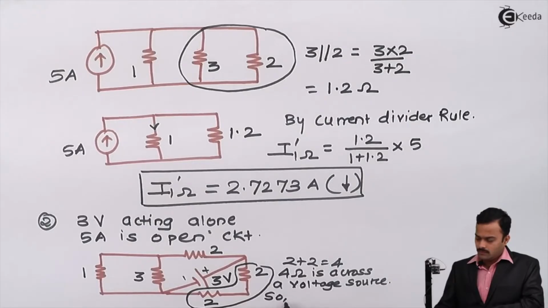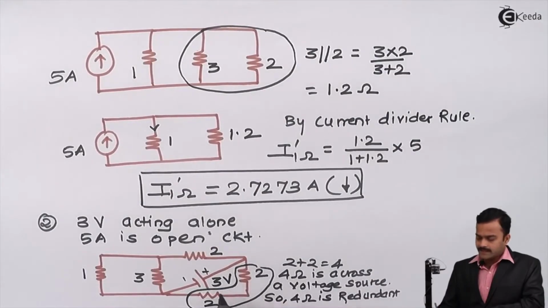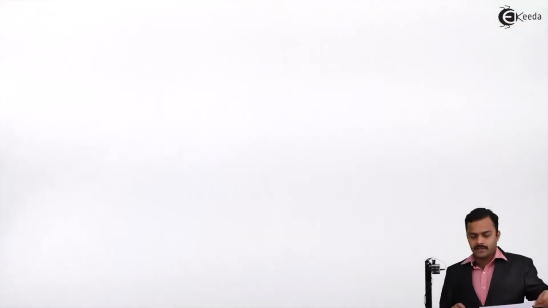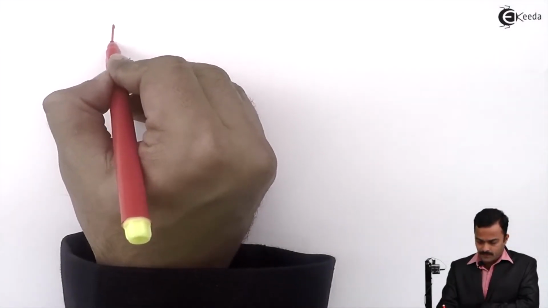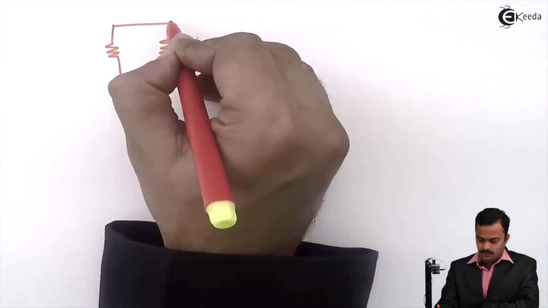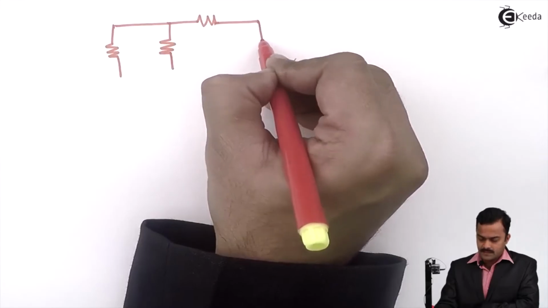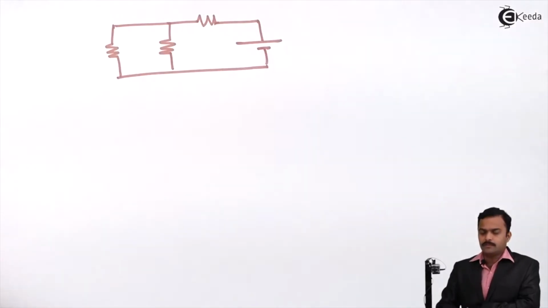So 4 ohm is redundant, meaning you can neglect this branch in a circuit. So let's redraw considering this fact. So the circuit will be like this: 1 ohm, 3 ohm, this is 2 ohm resistance, and only battery of 3 volt will be present.